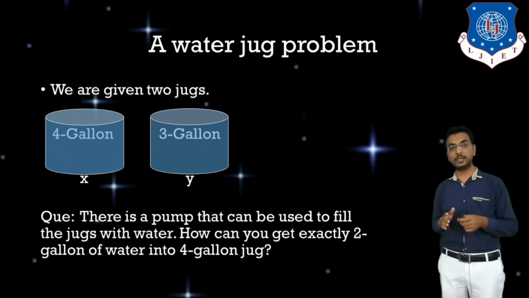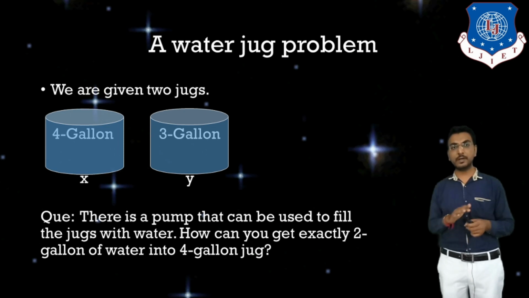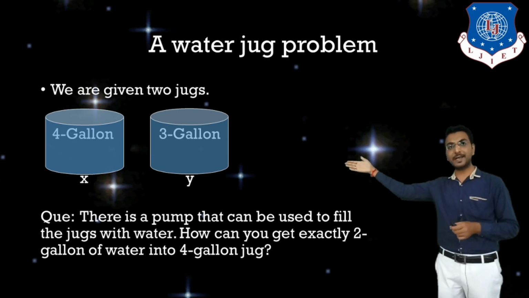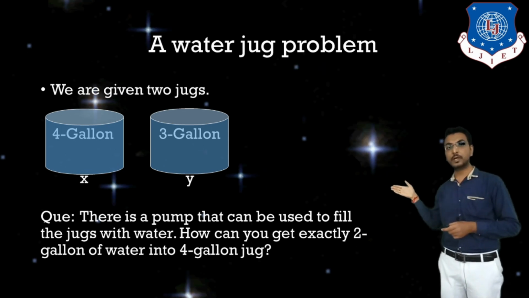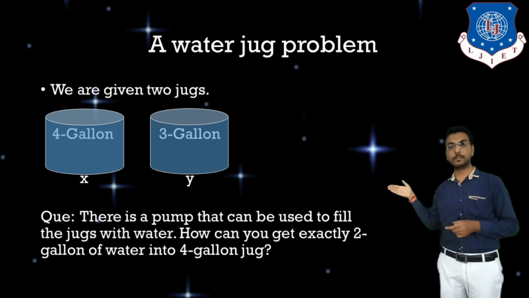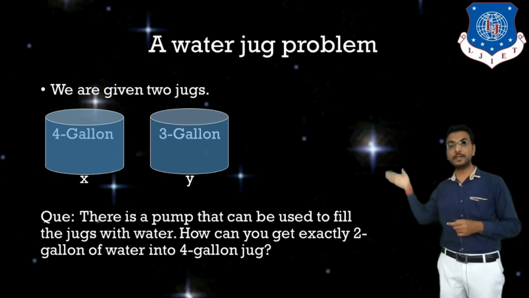Our question is how we will be able to have exactly 2 gallons of water in the 4-gallon jug, that is the X jug. The 4-gallon jug is named X and the 3-gallon jug is denoted Y. So what we want is exactly 2 gallons of water in the X jug.